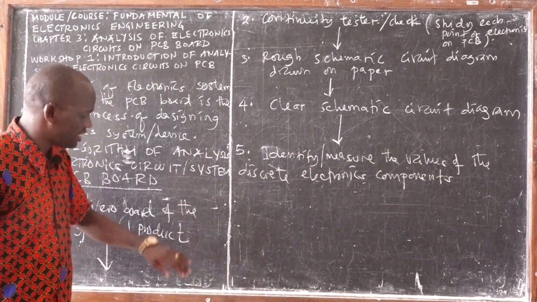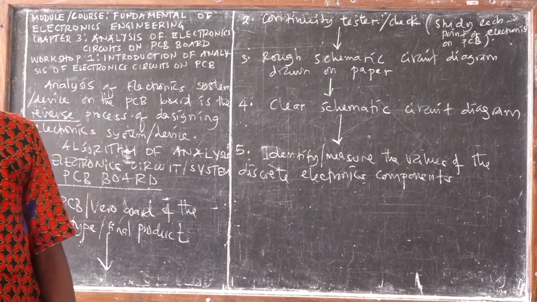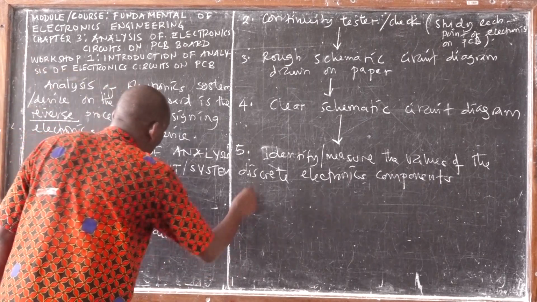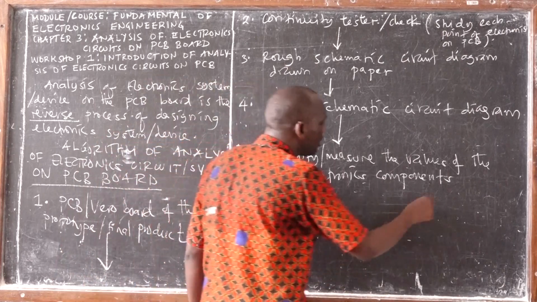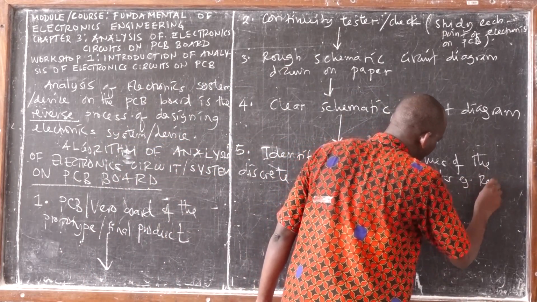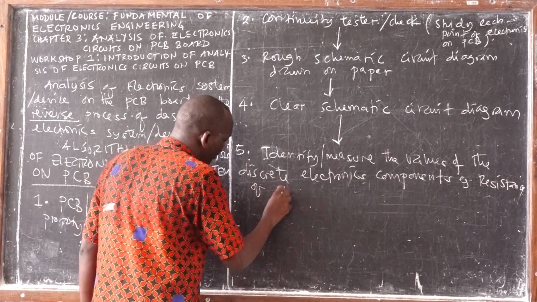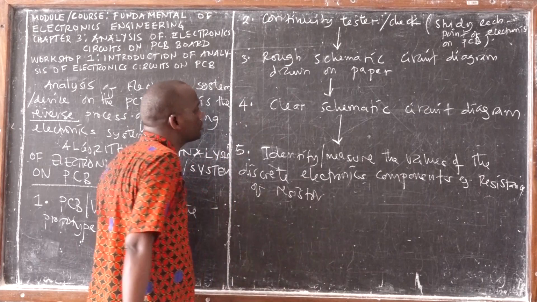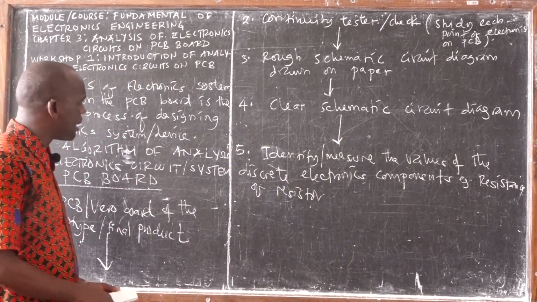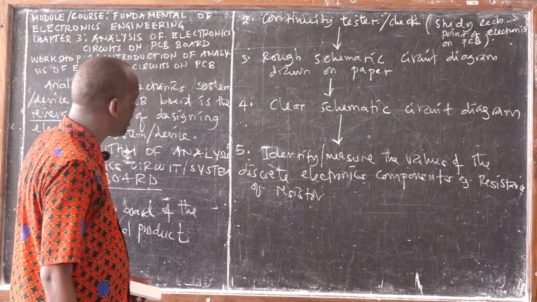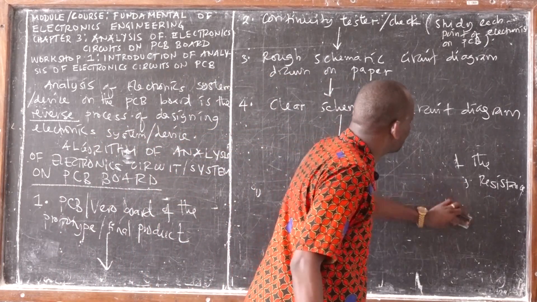So identify or measure the values of discrete electronic components. Example: resistor. Identify the resistance of a resistor. But I think this is step number 6. Excuse me. This is step number 6.